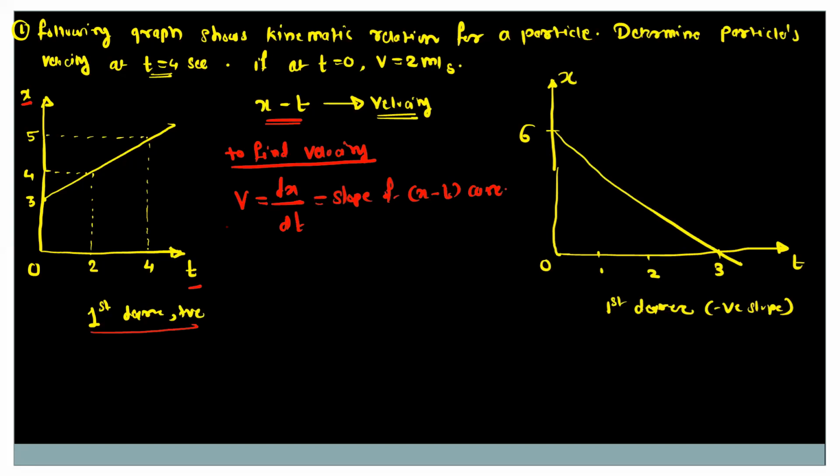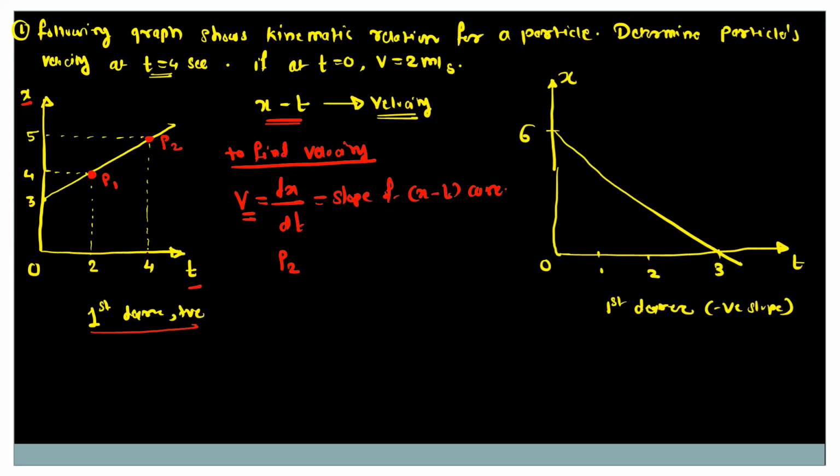For the slope, you can use the 2-point formula, that is y2 minus y1 upon x2 minus x1. So observe these 2 points. Let us take this point as P2, and this is P1. For P2, just find out its x coordinate and y coordinate.